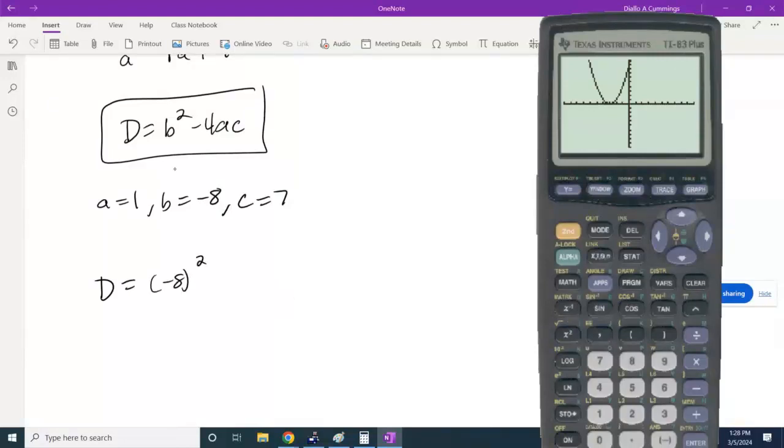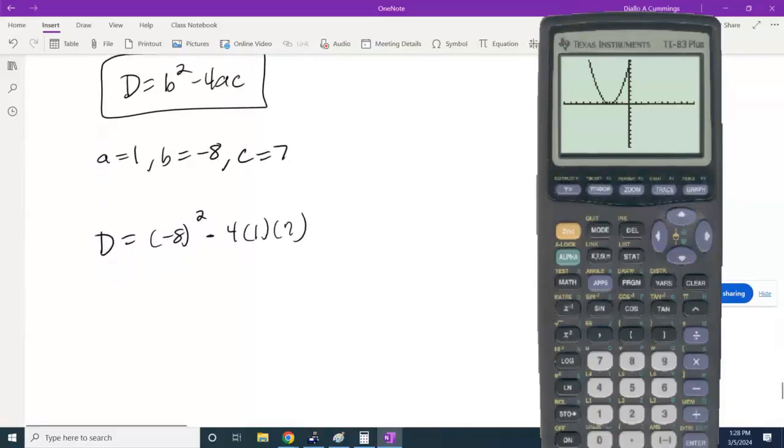So that's negative 8 squared minus 4 times 1 times 7. Negative 8 squared is 64. Negative 4 times 1 is negative 4. Negative 4 times 7 is negative 28. 64 minus 28 is a positive 36.